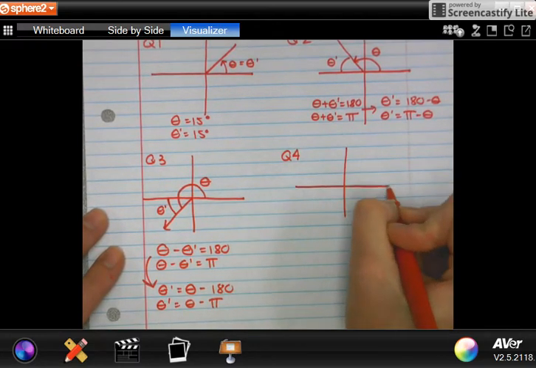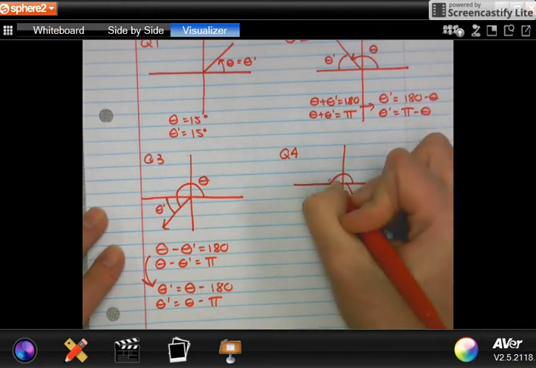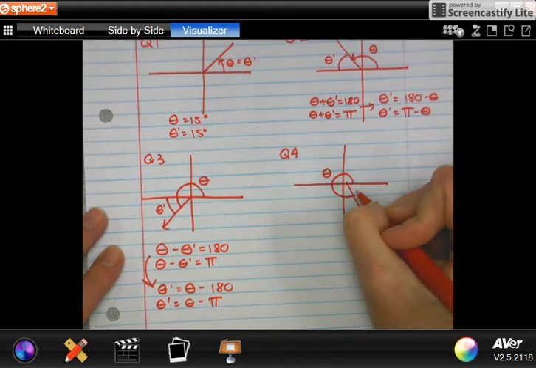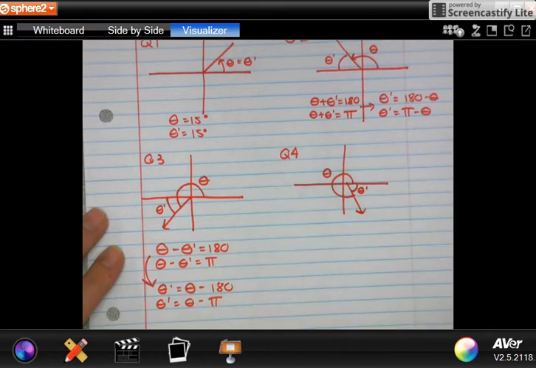If you're in quadrant 4, there's theta in quadrant 4. The reference angle, theta prime, again, is the angle formed by the terminal side and the horizontal axis. So it would be right there.